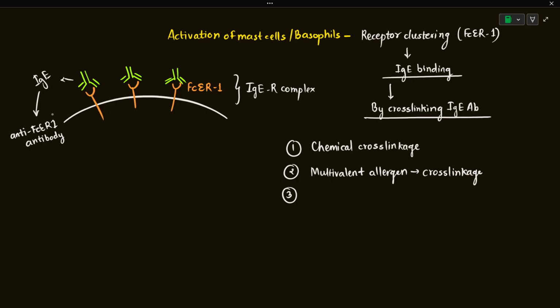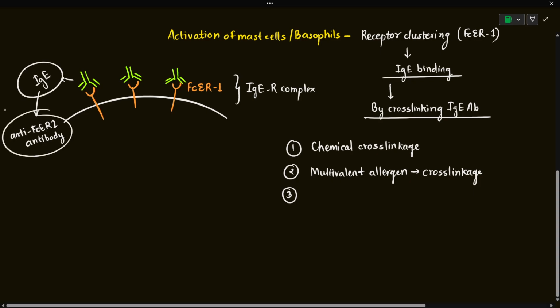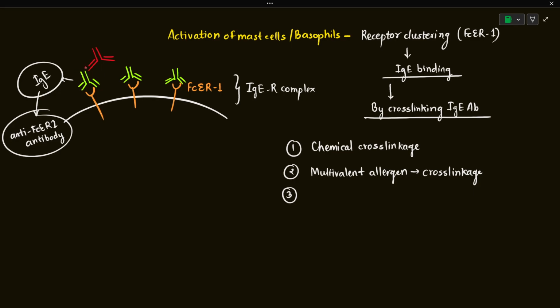If an antibody comes and has the capacity to bind to this IgE antibody, it will be referred to as an anti-IgE antibody, because it is binding to IgE.